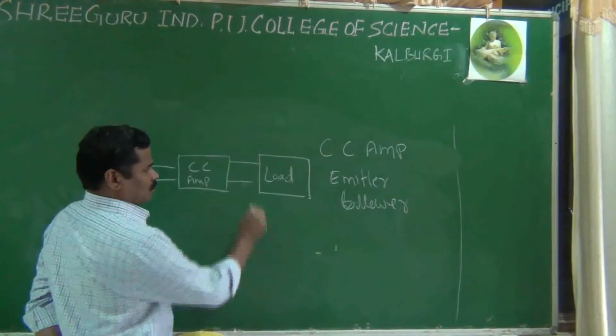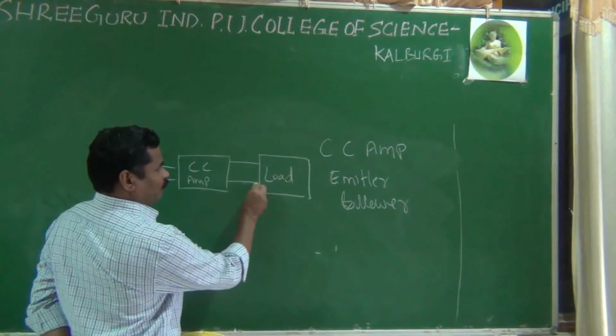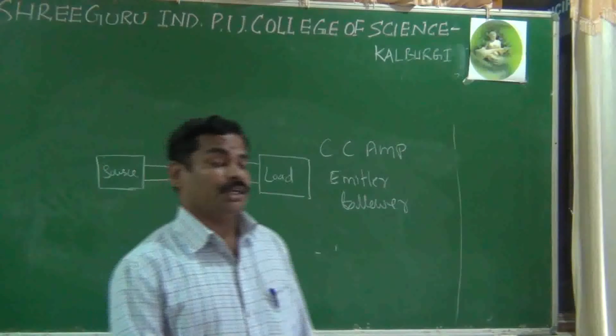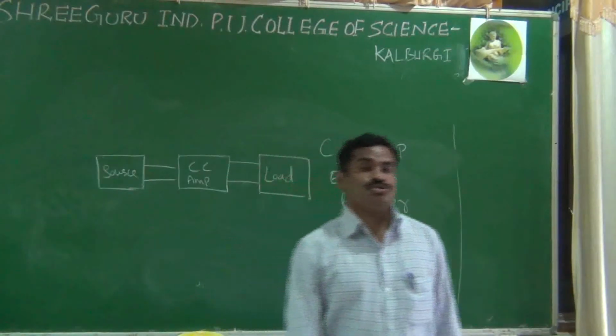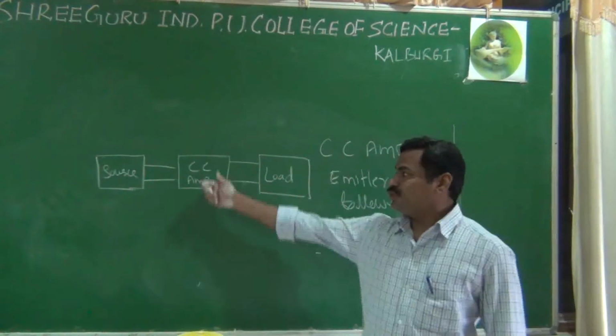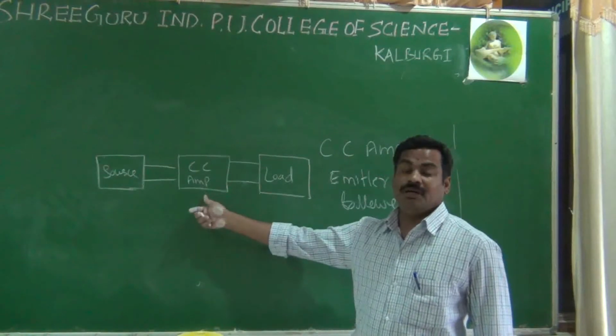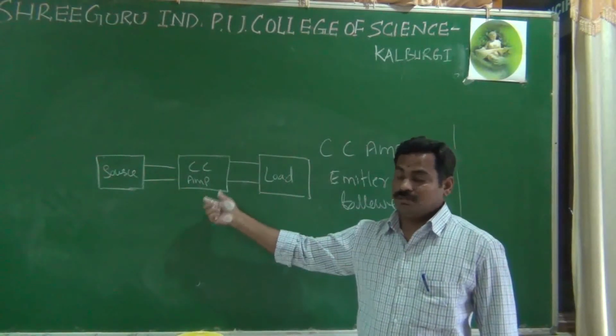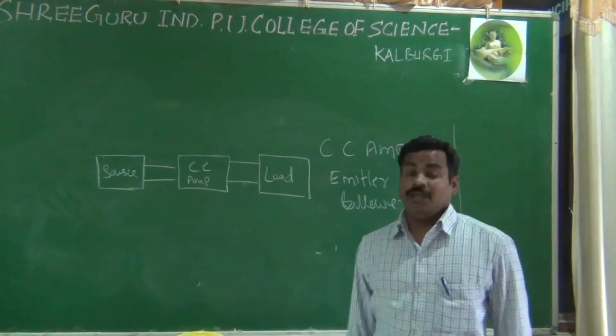It means whenever we want maximum power, we can transfer the maximum power from the source to the load by using your common collector amplifier, or emitter follower. Because of the property of impedance matching: the common collector has high input impedance and low output impedance.